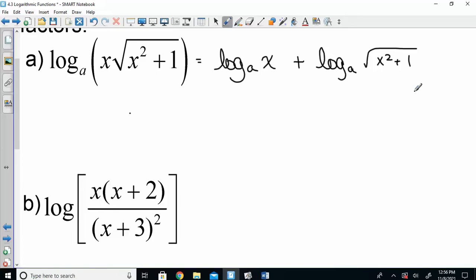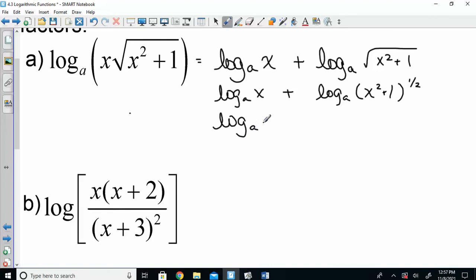But technically, we don't want to leave a radical in there either. A square root is just like a 1/2 power. And if we think about our properties, what can you do with that 1/2?